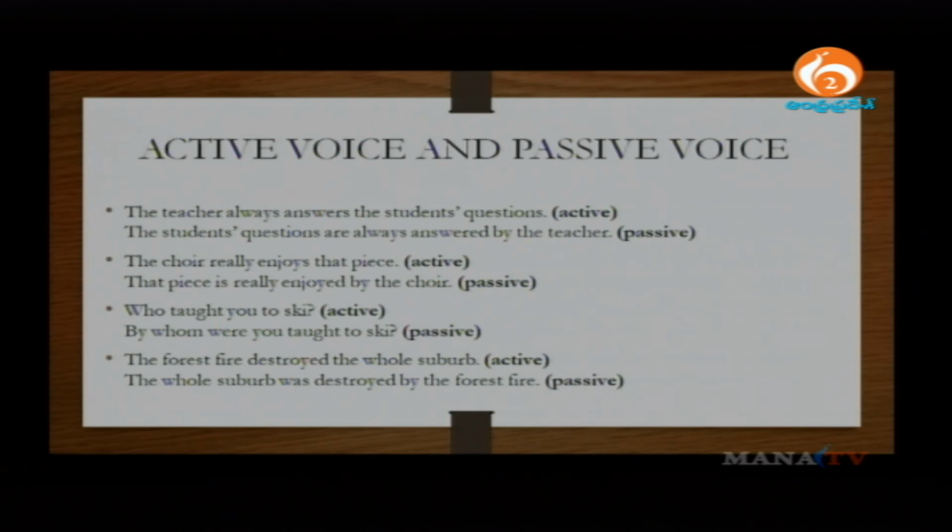By whom were you taught to ski? The forest fire destroyed the whole suburb. The whole suburb was destroyed by the forest fire.